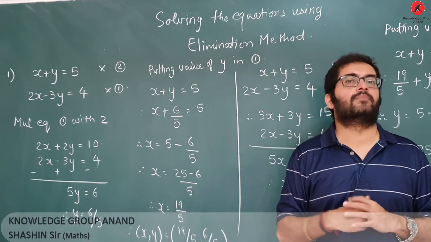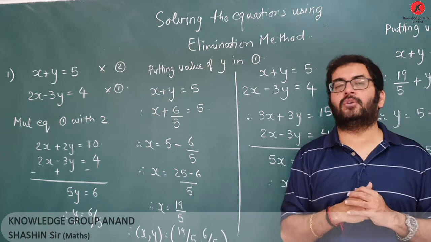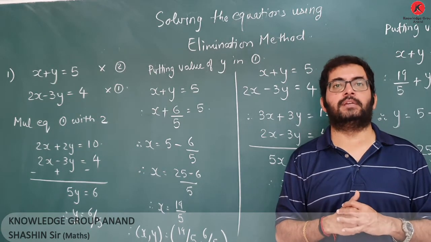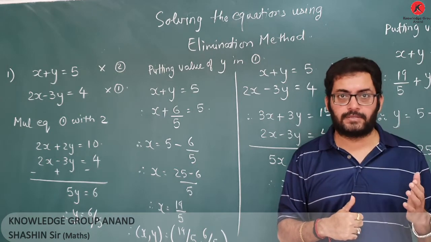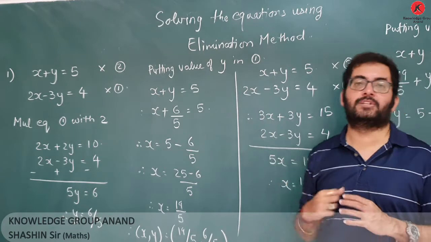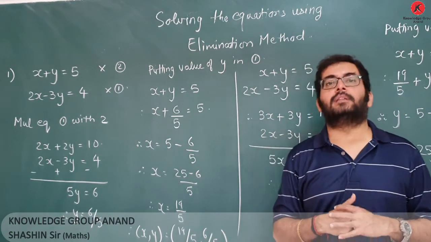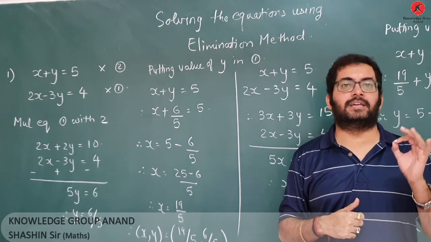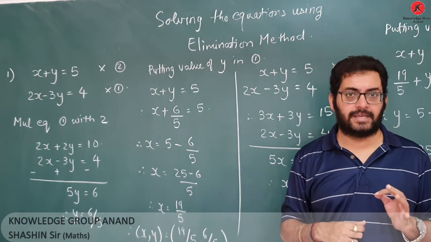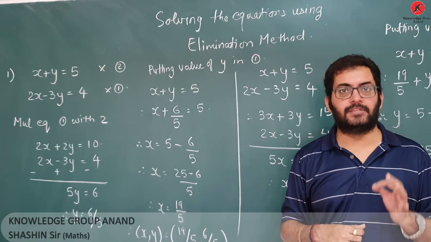Now, if you are getting the choice to solve the equation by using the method of your choice, then we recommend you to use the elimination method, because the elimination method is the easiest among the 4 and the chances of making some mistake are minimum in this method.